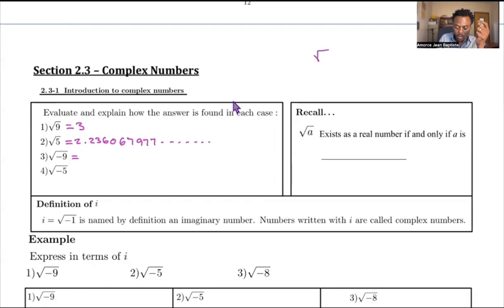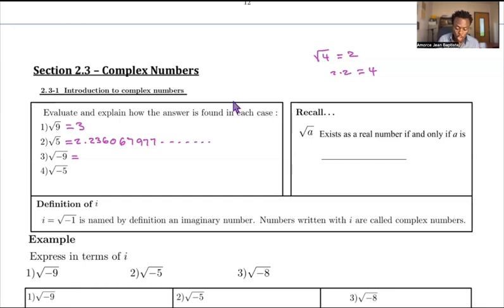Just like if you have square root of 4, it's 2 because 2 times 2 is 4. So basically, when you're looking for the square root of a number, you are looking for another number that multiplies itself to give you that other number. But there's no such number in the case where you have a negative number, because you never can find one single number that multiplies itself that will give you a negative number result.